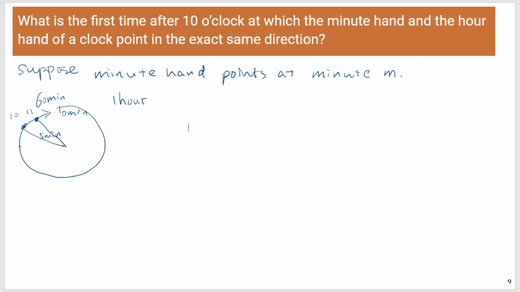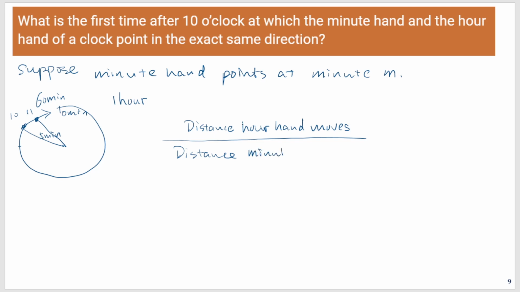So we have this relationship. The distance the hour hand moves, well, by distance I mean the angles, over the distance the minute hand moves should equal 5/60, right?